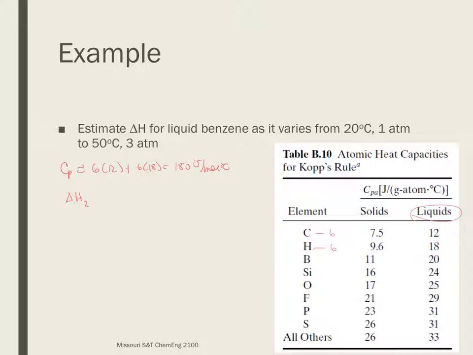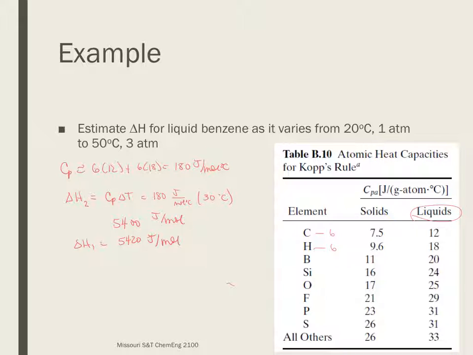For delta H1, I'd still use the V delta P that I had before. So delta H2 equals C sub P delta T if C sub P is constant: 180 joules per mole degrees C times 30 degrees C, which is 5,400 joules per mole. If I add that to delta H1, I get 5,420 joules per mole.